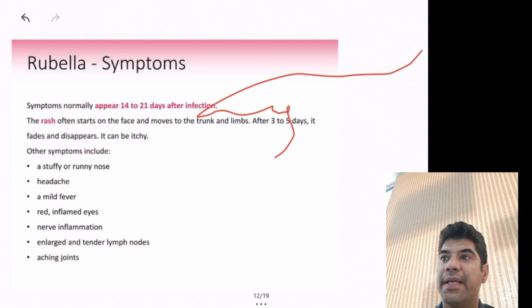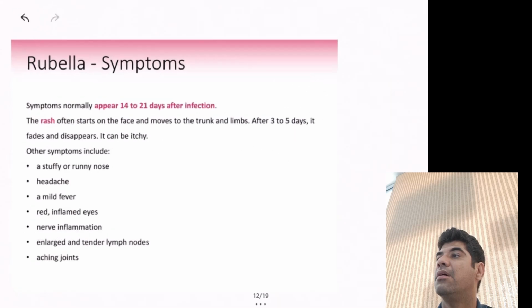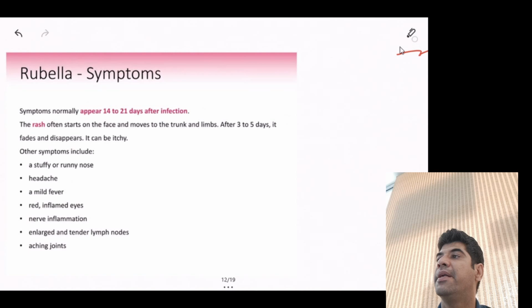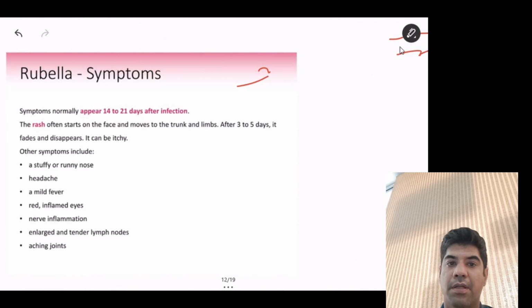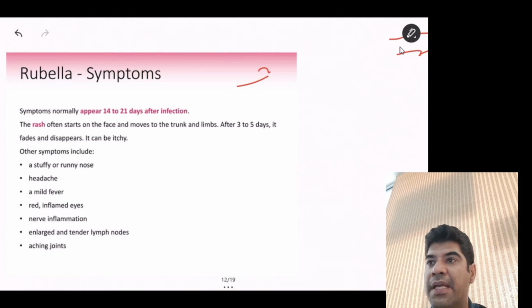The incubation period is around 2 to 3 weeks. In many cases of rubella, the symptoms generally start with low grade fever, a rash that appears on the face and spreads to the rest of the body, swollen lymph nodes behind the ear, and mild cold-like symptoms like a runny or stuffy nose.